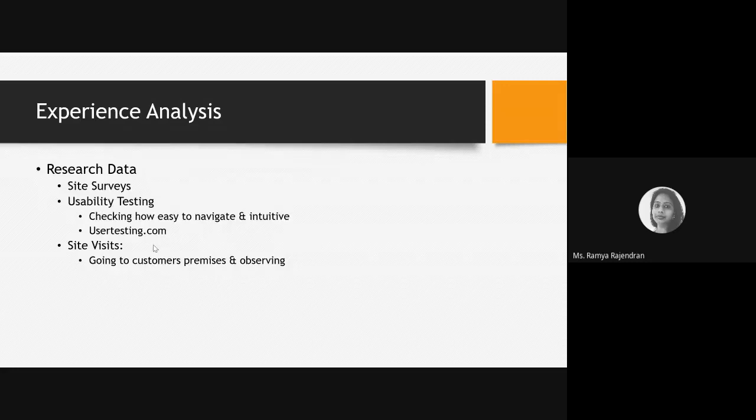Because when you ask for a review, some people might be very generous. They might say the website is doing good, even though it is not. And some people are pessimistic or very critical about the website. That's in nature, right?